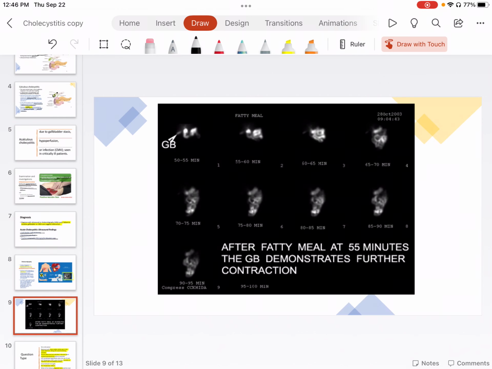Let me show you a patient who had a fatty meal. At 55 minutes, the gallbladder demonstrates further contraction, as you can see here. You cannot notice the gallbladder here, even though you can see biliary ducts right there, because there is obstruction right there. This is what cholescintigraphy is.